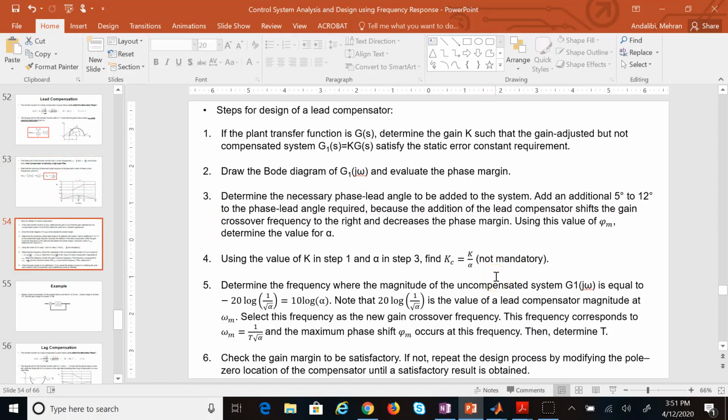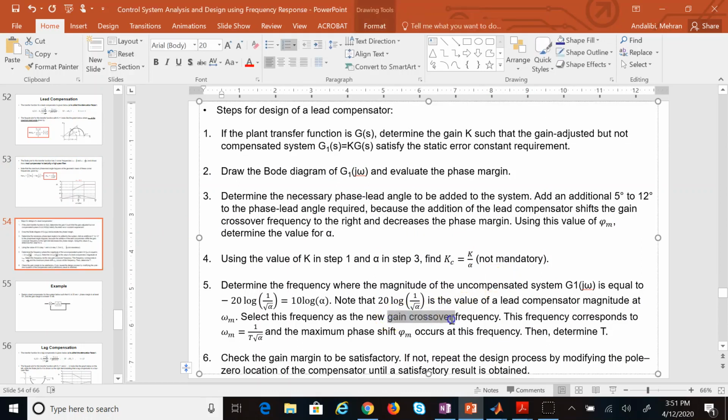The new gain crossover frequency. In other words, what we need is, we want omega m equal to 1 over T times the square root of alpha to be the new gain crossover frequency. Well, how can that be?